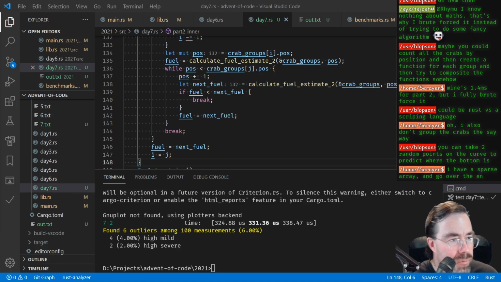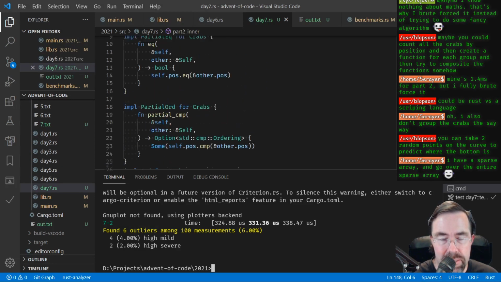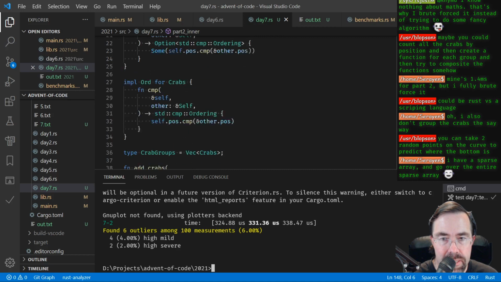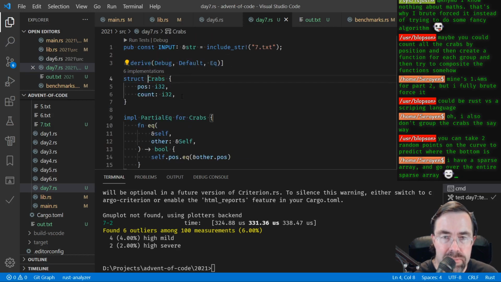Triangle number proof. Is that what we ended up doing? Hold on. You have a sparse array, you go over the entire sparse array. Whereas, what did I do? I made an array of counters, really. Array of positioned counters.